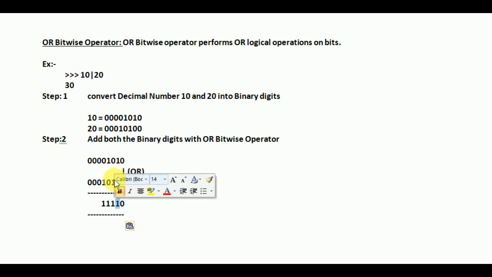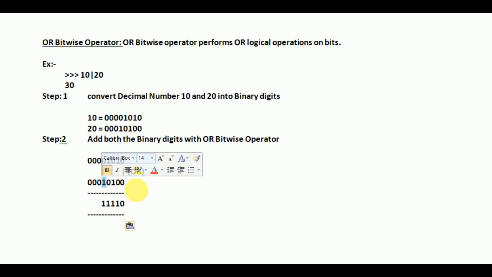So one will come here, 101, then 1 will be the output, and 1 will be the output, and here we have 0, and the remaining 0 will not be counted. So this is the resultant value.